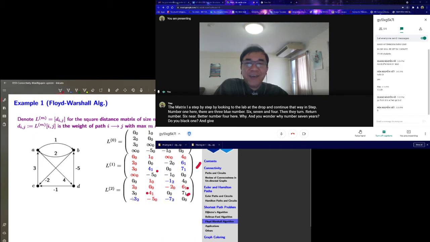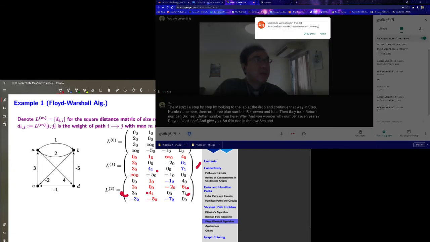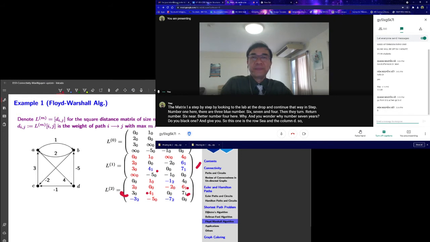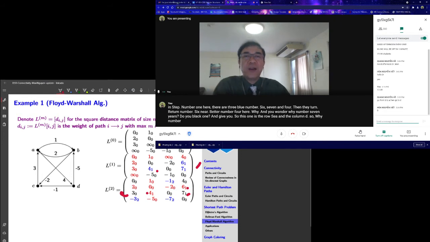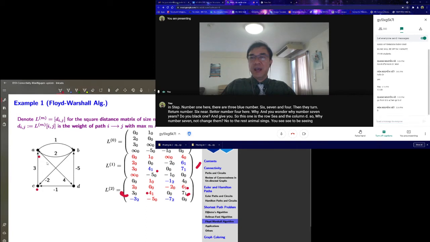So this one is the row C and the column D. So why number 7 not change from blue to the red? Line number 6. You see, C to D, C to D, C, A, D, 7.